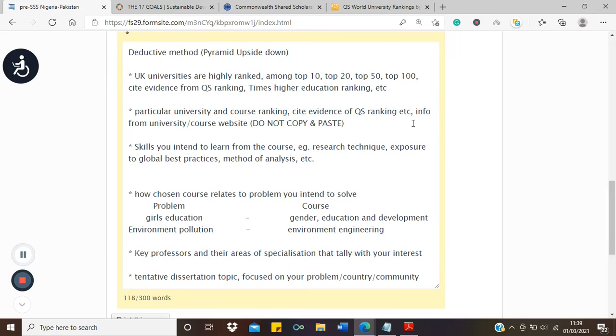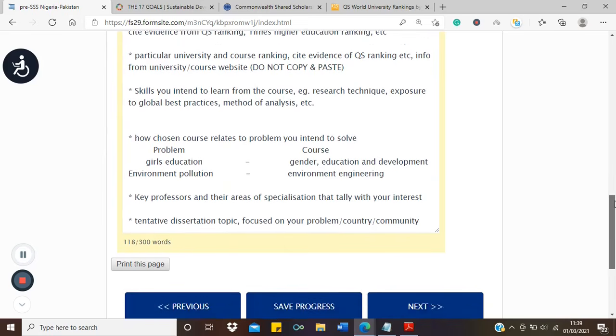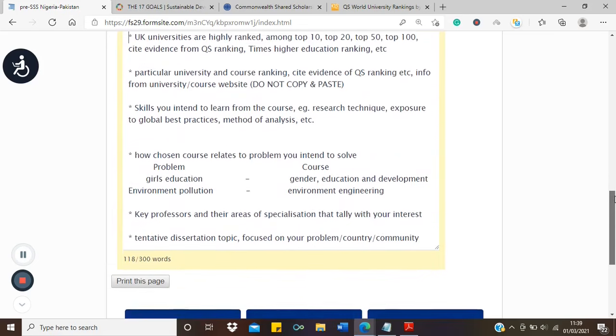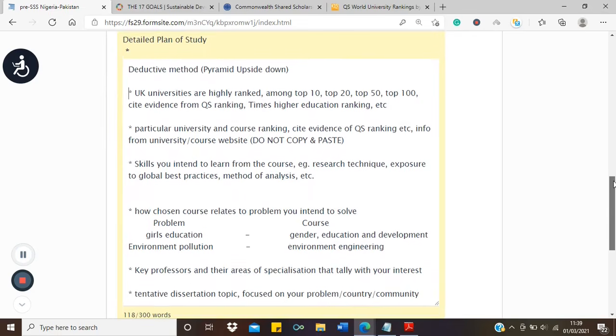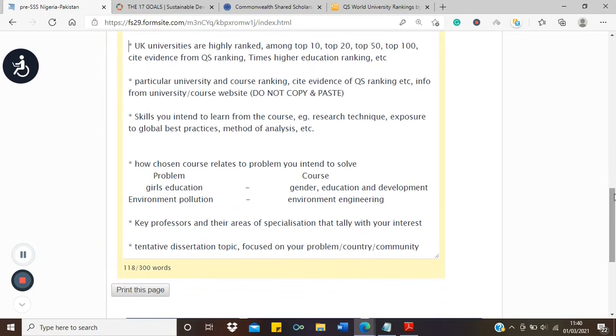So now we talked about UK universities highly ranked, your particular department, your particular university, how they are ranked, what are their strengths. Then quickly talk about the skills you intend to learn from this university: the research technique, the exposure to global best practices, the particular method of analysis you intend to learn.